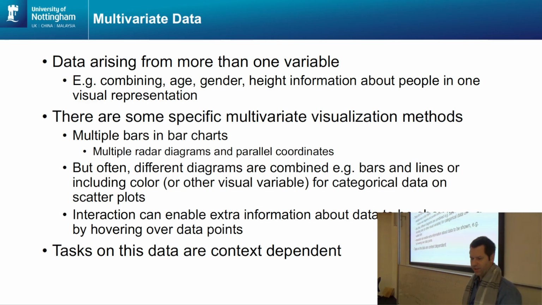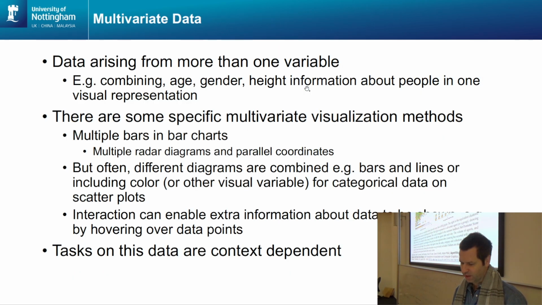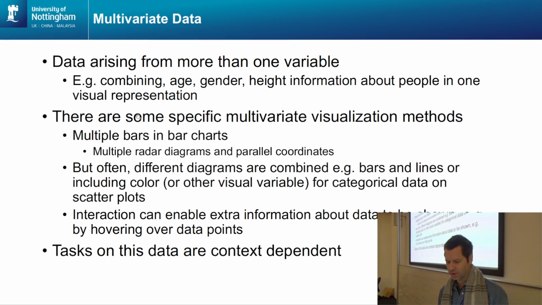So multivariate data is data arising from more than one variable. So we try to combine different dimensions together, like age, gender, height, into one visual representation. That's what those glyphs were on the previous slide. This is multivariate data here, trying to map several characteristics or data dimensions onto one visual image, one visual symbol.